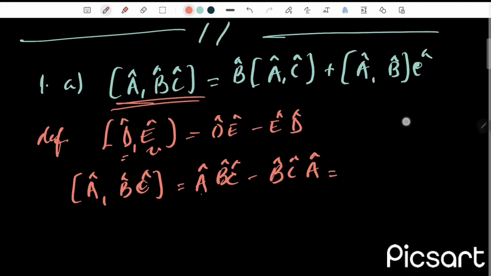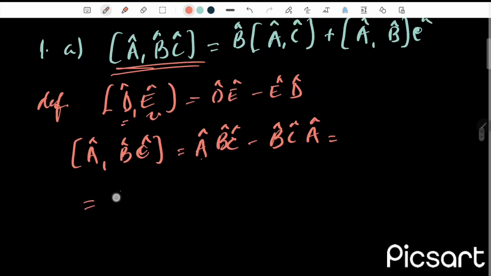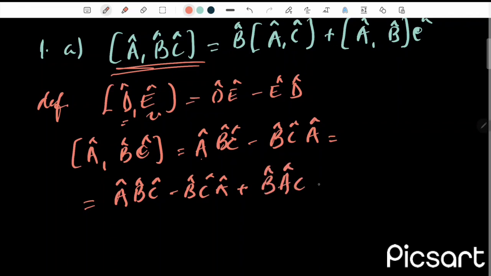Then we can add and subtract BAC, minus the same term, which is BAC.